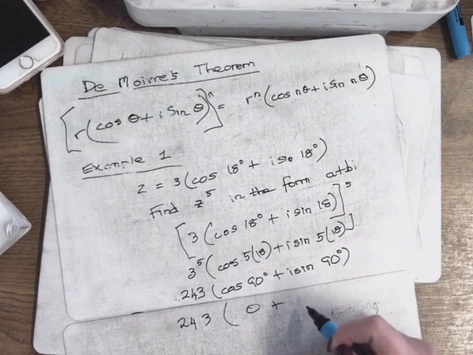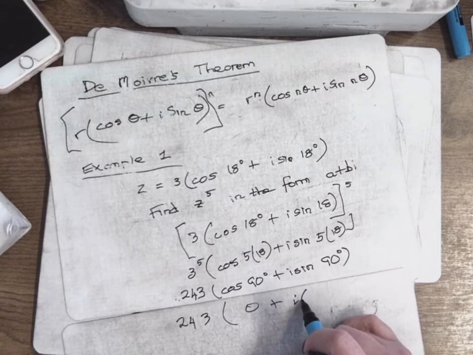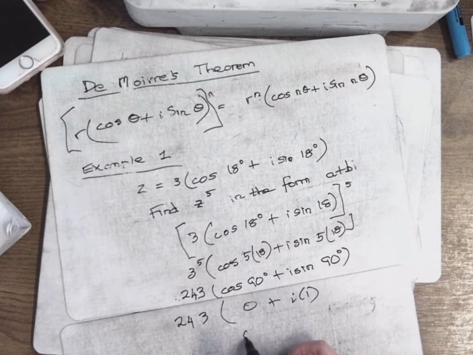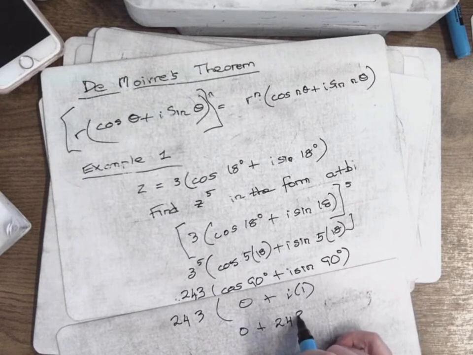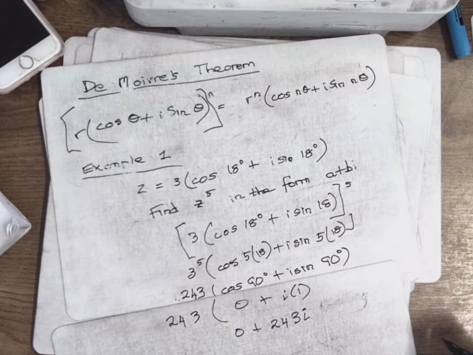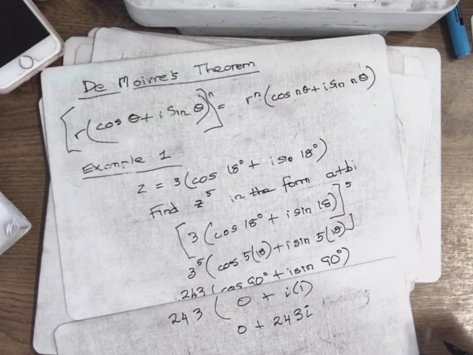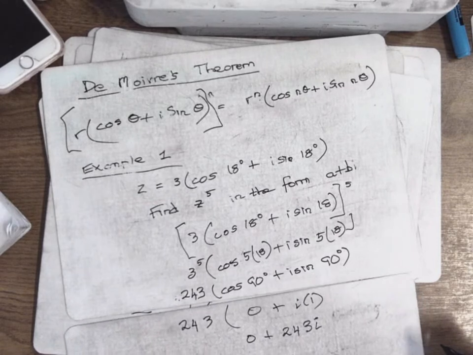And the sine of 90 is 1. So plus i times 1, and multiply into the bracket. So that's 0 plus 243i. Is that okay? Happy with that? Lovely shortcut. Really helpful shortcut.